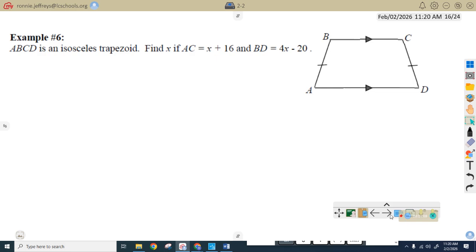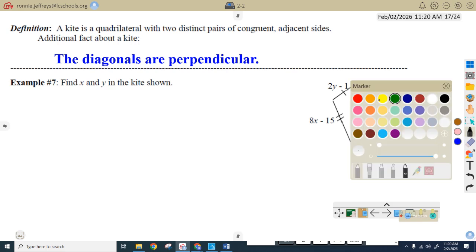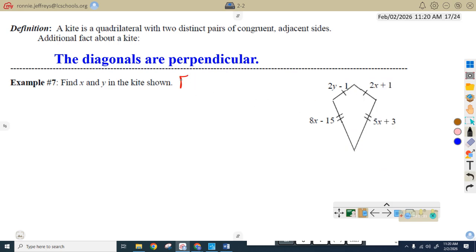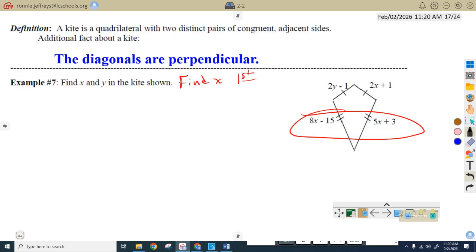Even the kite thing, the kite is pretty easy. It's marked. So I would start on number 7. Here's a little hint. Some of y'all probably still won't figure it out. Find x first using these. And then, oh yeah, pretty simplistic.